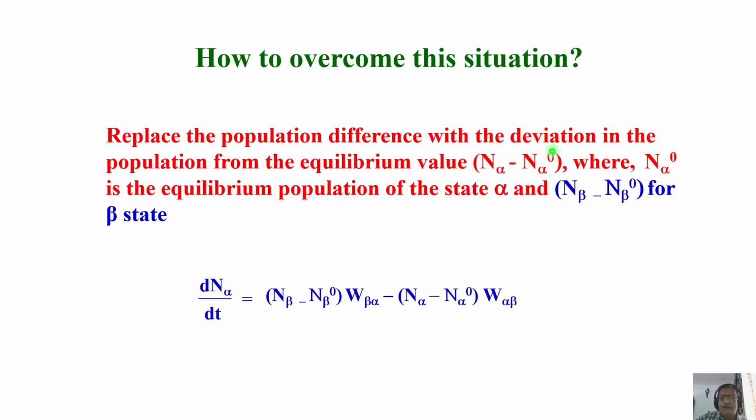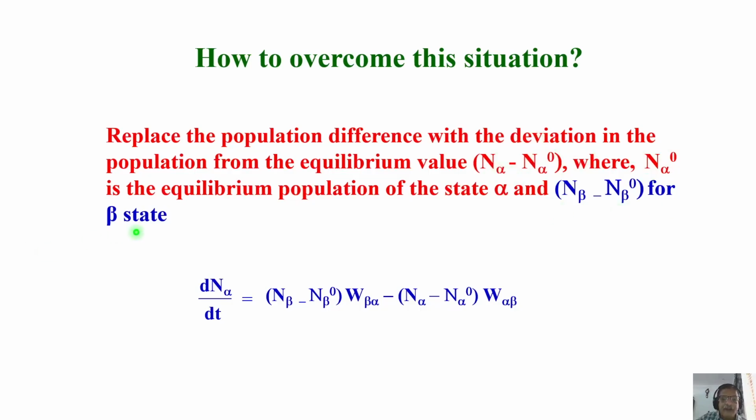The deviation of the population from its equilibrium value is N alpha minus N alpha superscript 0, where N alpha superscript 0 is the equilibrium population of the state alpha. This is the equilibrium population and this is the total term, the deviation from equilibrium.